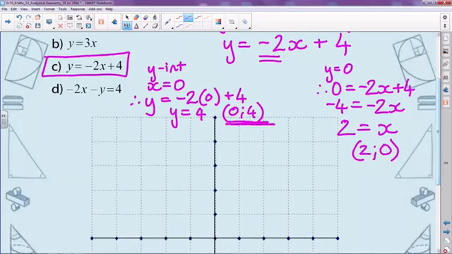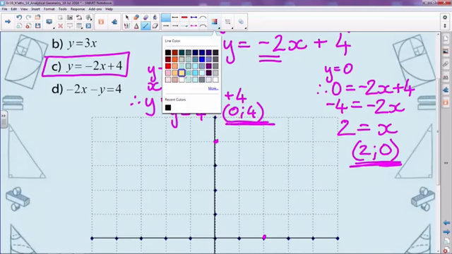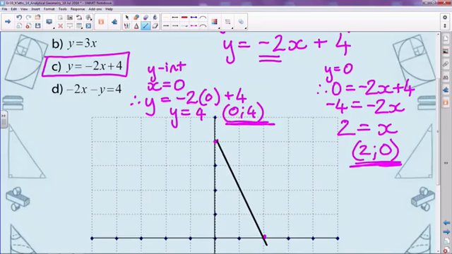This method of plotting a function is called the intercept method. I'm going to plot 2 and 0 and 0 and 4, and then put a straight line through it. Let's select that again, and we're going to just drag it through there, and I'm going to make it a little longer.